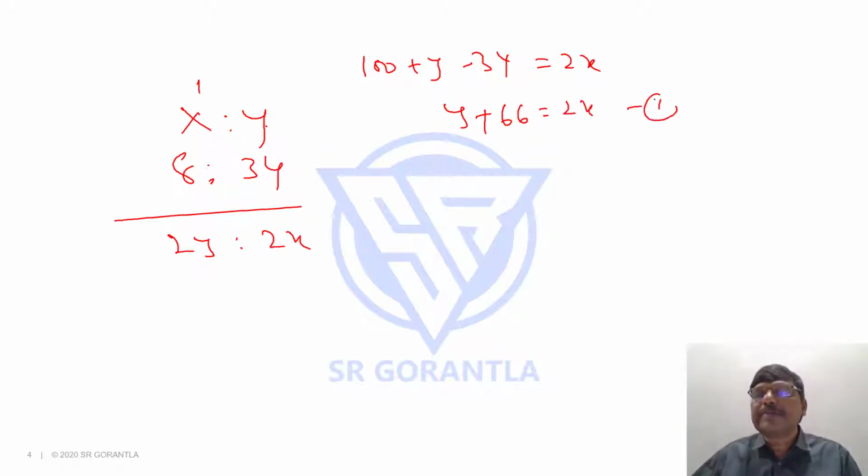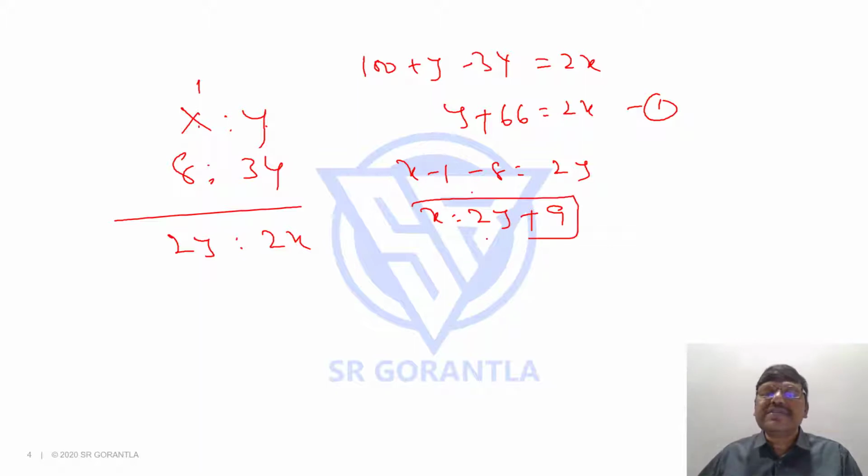One equation. Next, when I borrow 1, I am left with x minus 1. X minus 1 minus 8 equals 2y, or x equals what can I say, students? 2y plus 9. Students, this is the second equation. Can I substitute this equation in the first one, please? Yeah, y plus 66 equals 2 into x.